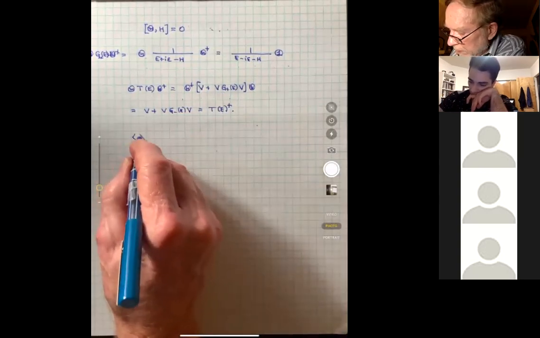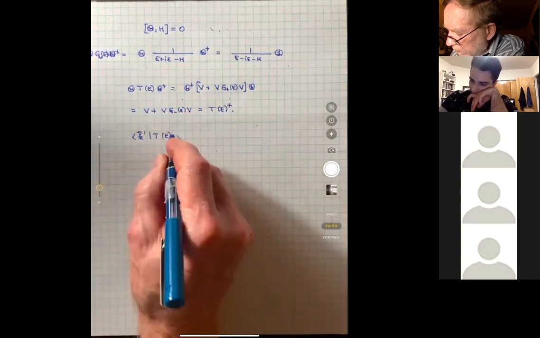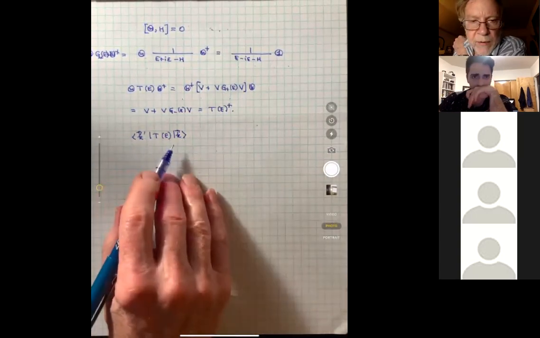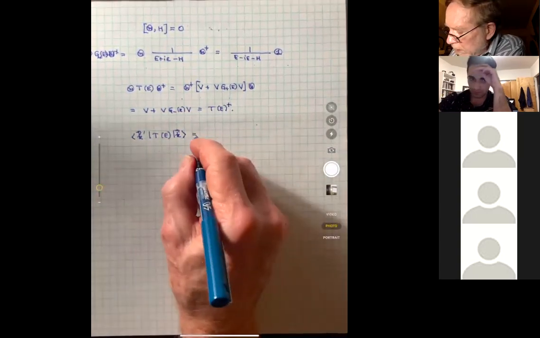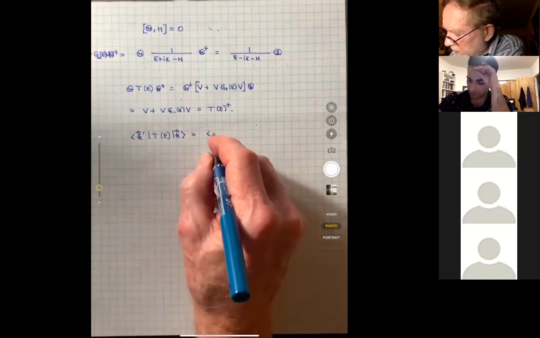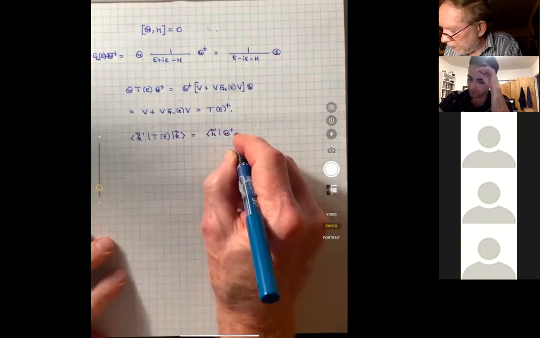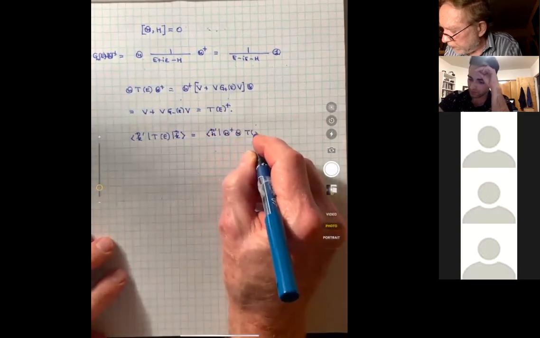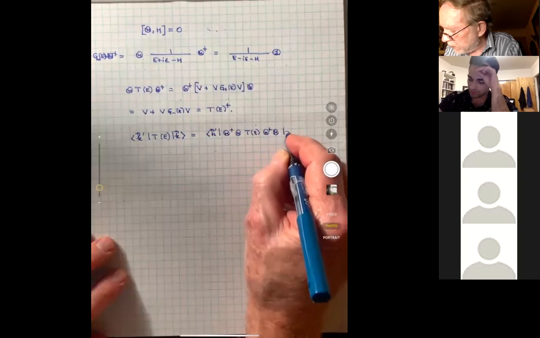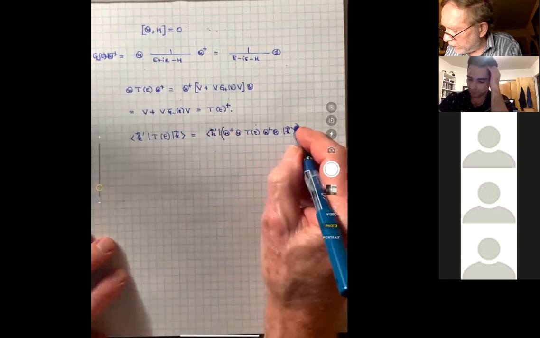Okay, now let's take this K prime T of E K, which is proportional to the scattering amplitude. And assuming that the Hamiltonian commutes with time reversal, let's write this as K prime theta dagger theta T of E theta dagger theta times K. And since theta is antilinear, I need to say which direction it acts.